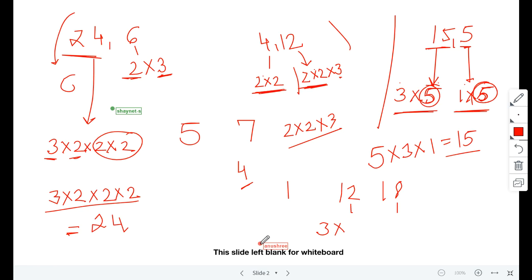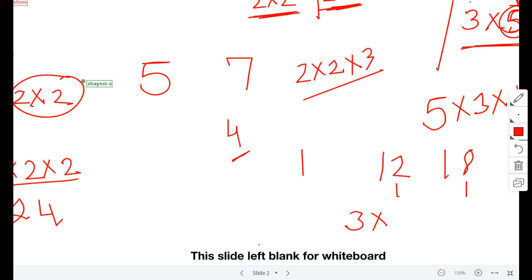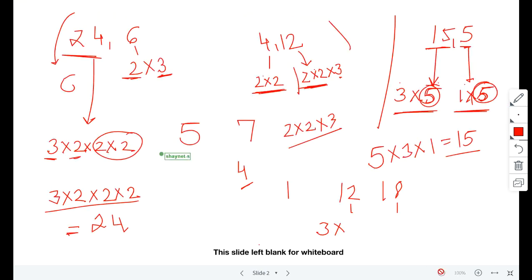How can you write 4? Can you write 4 as 2 into 2? Right? Yeah. So in place of 4, write 2 into 2. So ultimately 3 multiplied by 2 multiplied by 2 is 12, right? 3 times 2, 6. 6 multiplied by 2, 12.